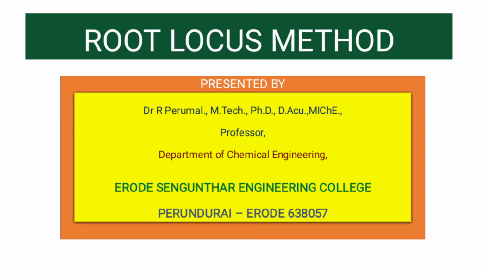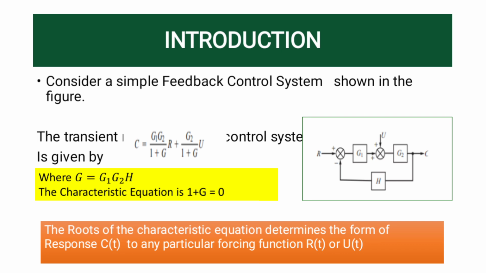Now this root locus method discusses the location of the roots of the characteristic equation and how it will vary based upon the variation in the controller gain. Let us consider a simple feedback control system shown in the figure.